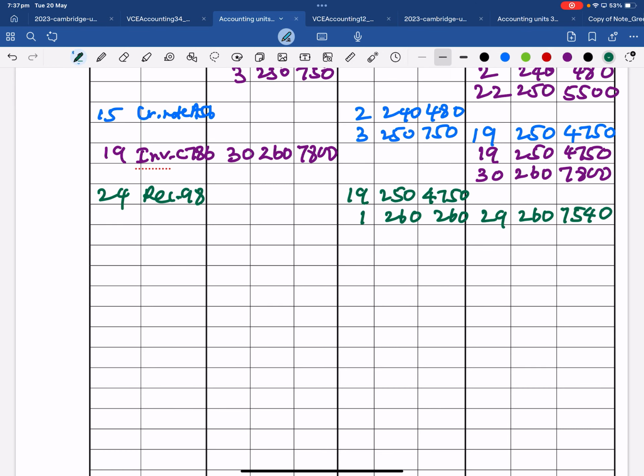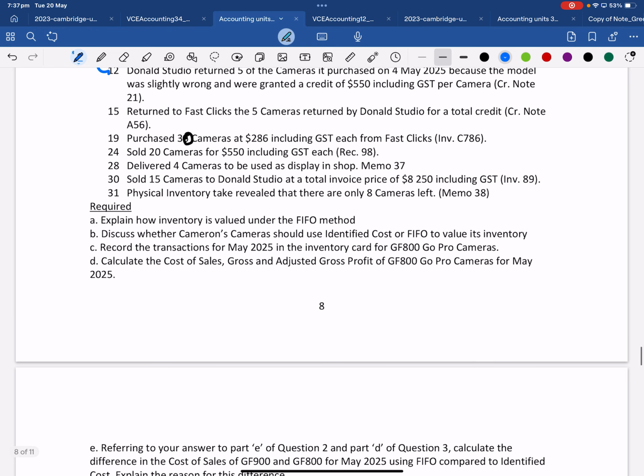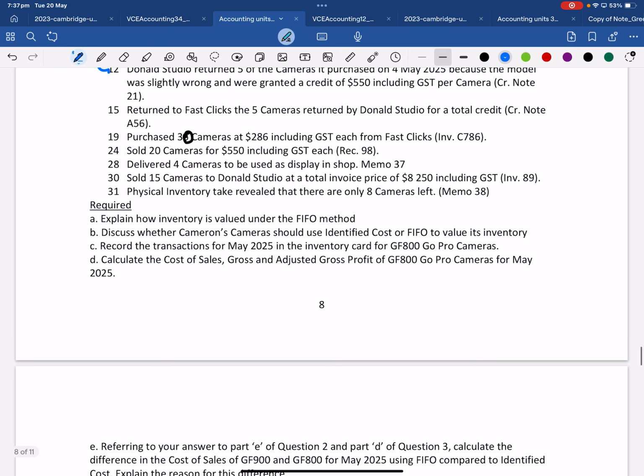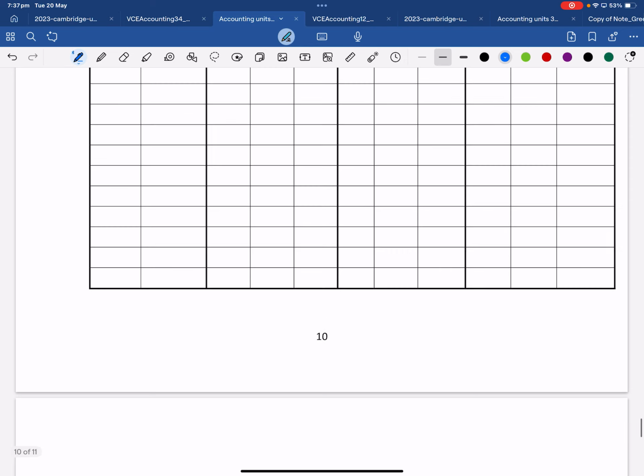Right. Next one, guys. 28th, yes? What is happening? Delivered 4 cameras to be used as display. Memo 37. Right? In or out? Out.